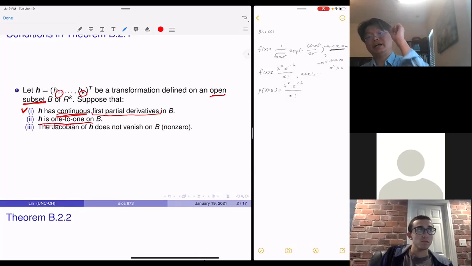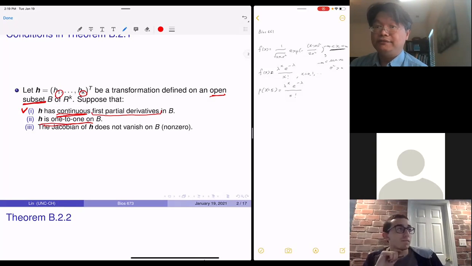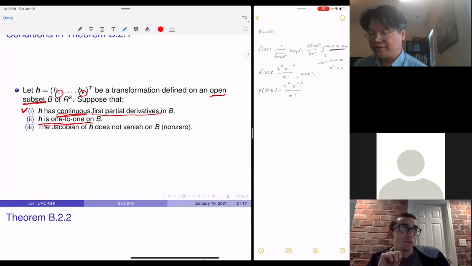1 to 1 means I have one element x, one element y, and vice versa, called a 1 to 1 transformation. If you don't understand this, or it's the first time you see a so-called 1 to 1 function, then you will possibly need to Google it to see what that is, and it gives a sense of mathematics.